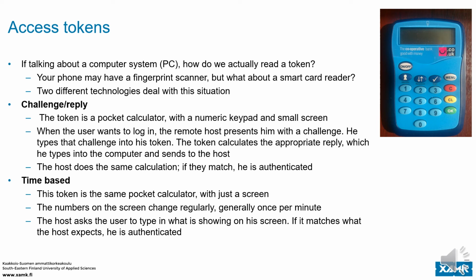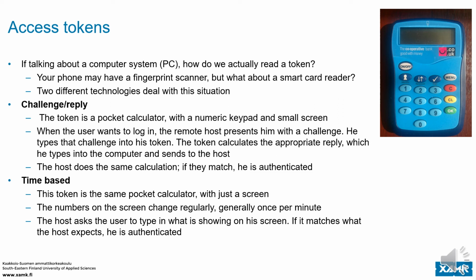In challenge reply systems, the token is a pocket calculator with a numeric keypad and small screen. When the user wants to log in, the remote host presents him with a challenge. He types that challenge into his token. The token calculates the appropriate reply, which he types into the computer and sends to the host. The host also does the same calculation. If they match, the user is authenticated.